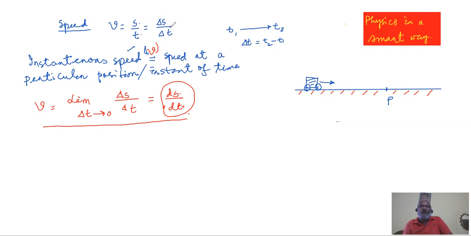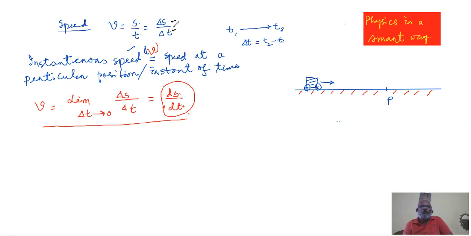You cannot find delta s or delta t at a particular point because you know a point has got no length, no breadth. How can you find delta s and how can you find delta t and divide it? And to cross a particular point, that takes no time.